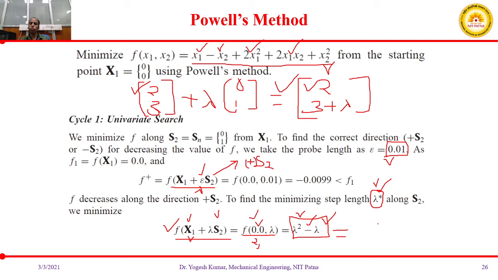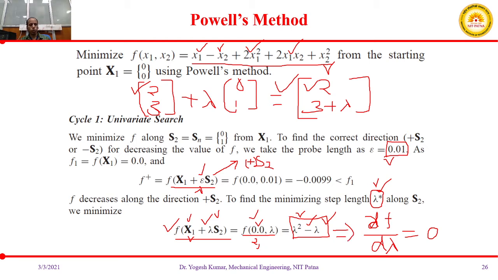So we will simply take the derivative of this function, df over d lambda, and equate it to 0.